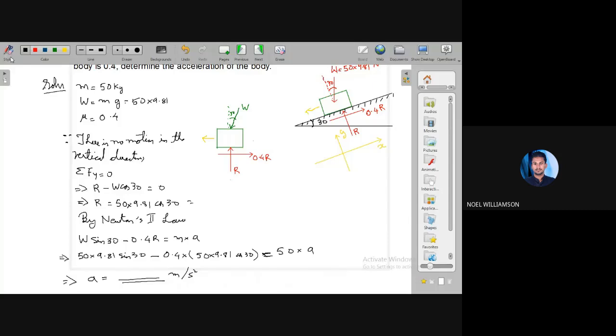So what is the value of A? Yeah, right answer, 1.51 meter per second square.